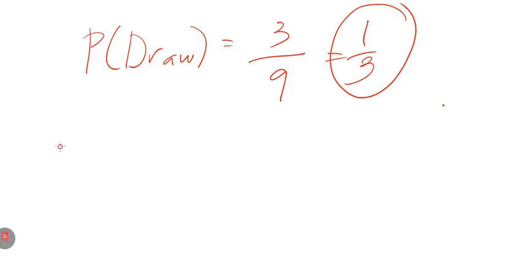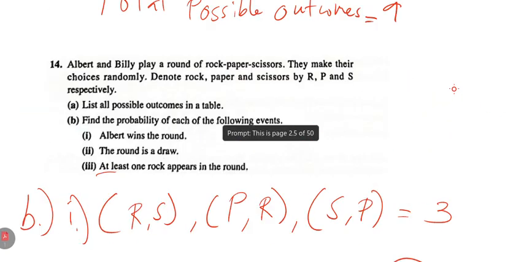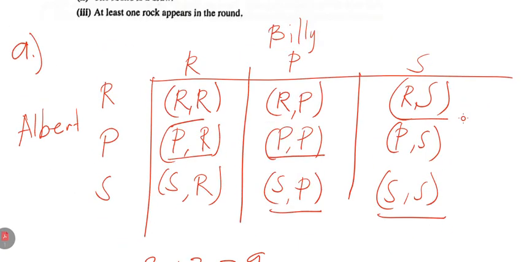At least one means we count the outcomes with one rock and also with two. So we get 1, 2, 3, 4, 5. There are 5 of them. Let's write all those 5 down.